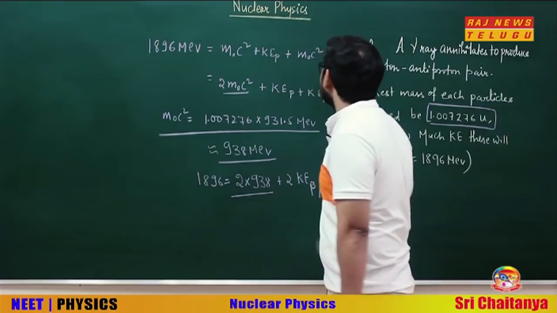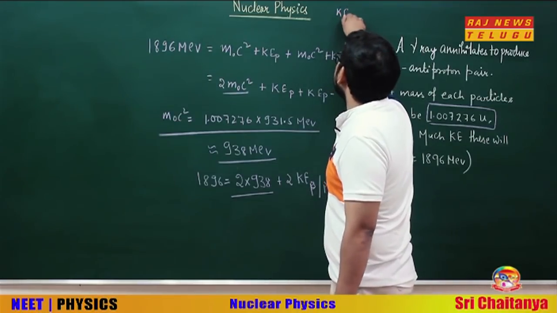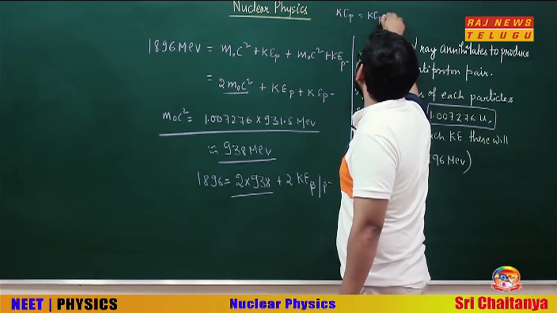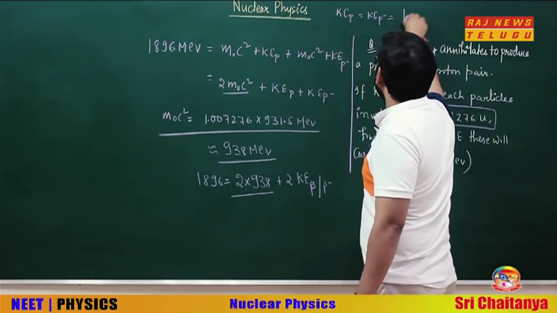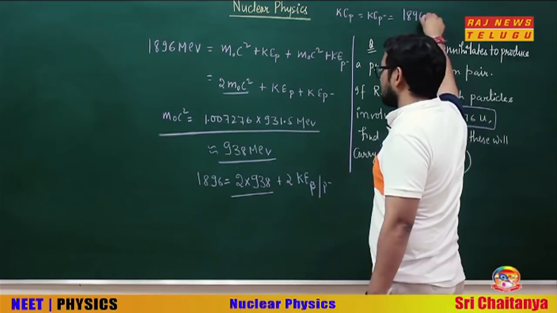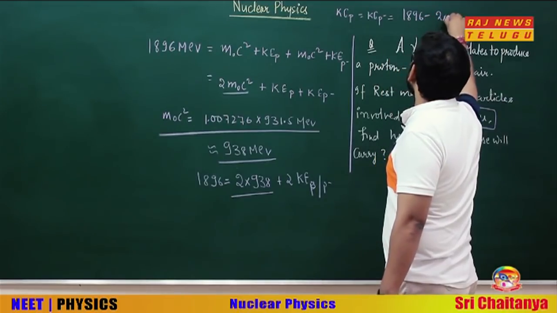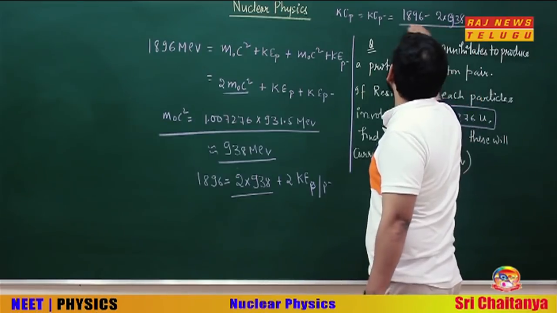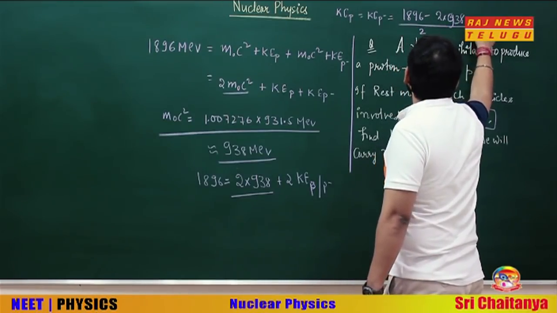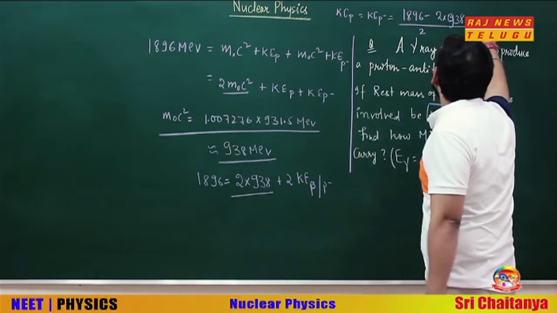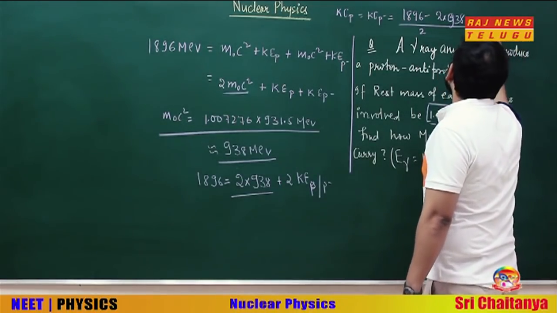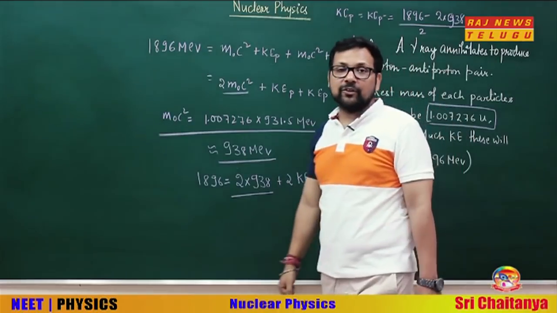The question is asking you the kinetic energy of proton or kinetic energy of antiproton. And that would be 1896 minus 2 into 938 divided by 2, and this is approximately, if you can memorize the data, 10 mega electron volt. This is the kinetic energy of proton.